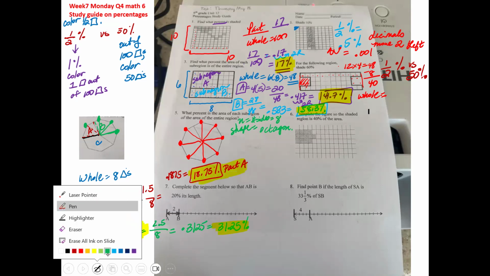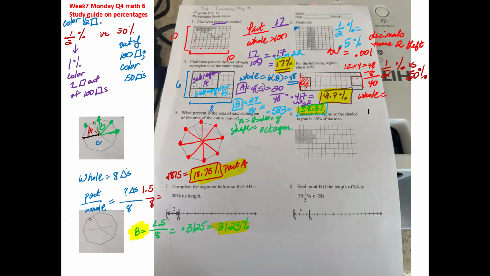Okay, let's take a look at C. How many triangles are in C? There's 3 triangles. 1, 2, 3.